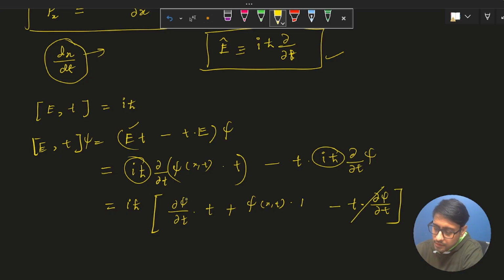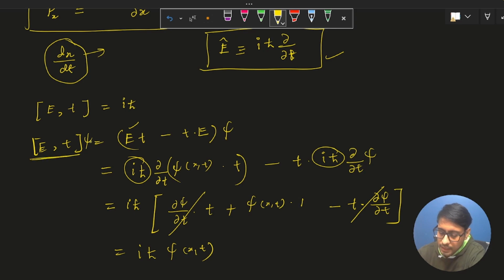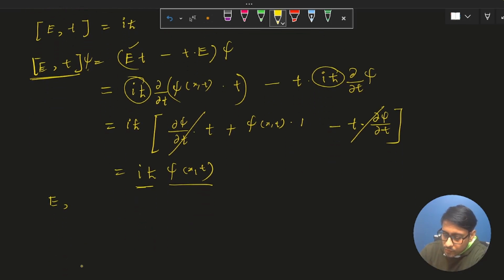So these two terms cancel, and we are getting i h bar psi(x, t). When this commutation bracket acts on the wave function psi, we get i h bar multiplied by the wave function. So we have shown that this E comma t commutation bracket is equivalent to i h bar.